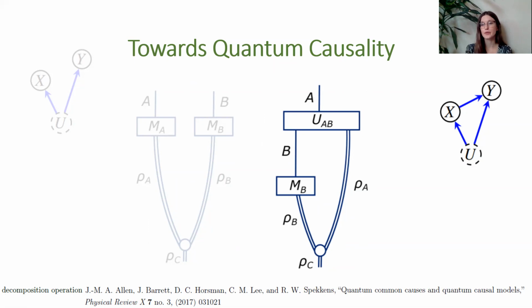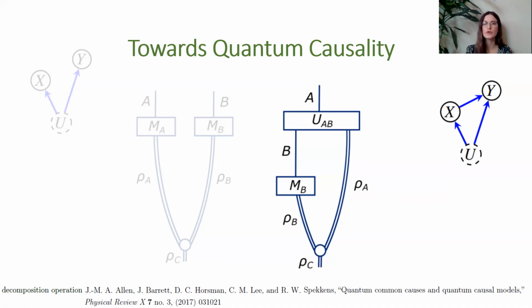And we could ask a similar question to the one in the witnessing causal influence problem. So in the classical case, what we had was this DAG and this DAG. And we asked, okay, I have a probability distribution and I know the cardinality of the hidden variable. So what can you tell me about these two hypotheses?